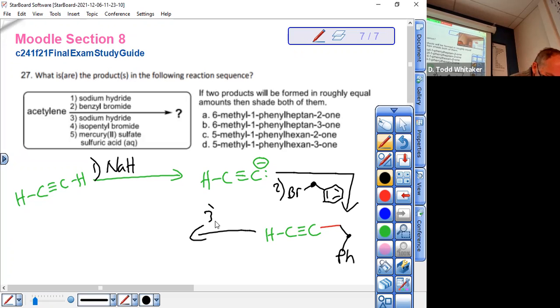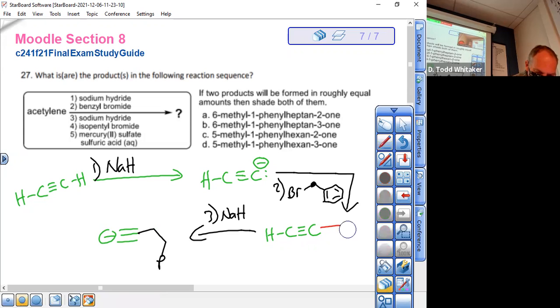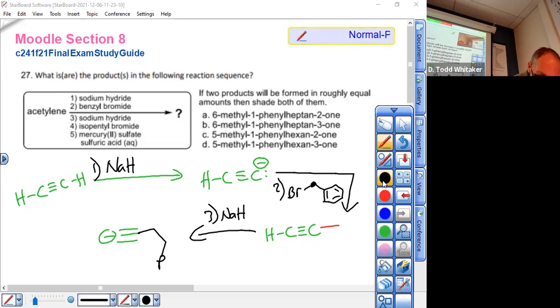Same story about acid base, but we're doing it on the other side. And just go with black. 1, 2, 4. I gained a carbon, didn't I? I did. Yeah, I already had the dot carbon here.